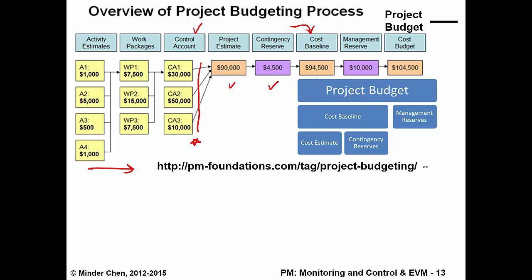And the cost baseline plus something we call the management reserve will become what we sometimes call the cost budget or project budget. So the cost estimate plus contingency reserve equals the cost baseline. Cost baseline plus management reserve equals the project budget.